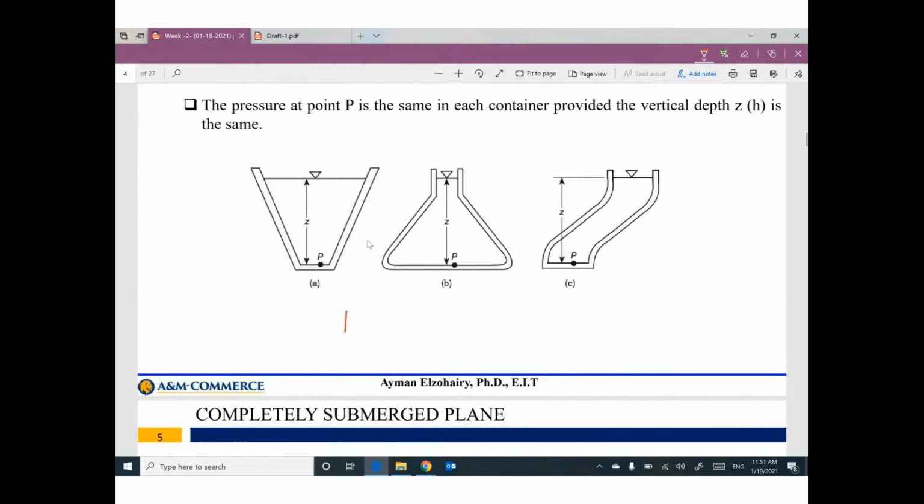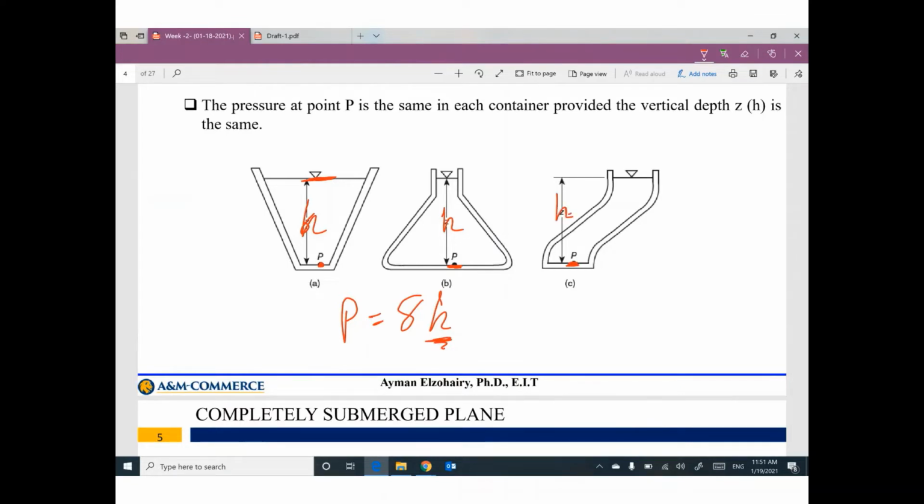Guys, pressure equals gamma h, and this h is the vertical distance between the point and the water surface. In this case, here is h. In this case, here is h.